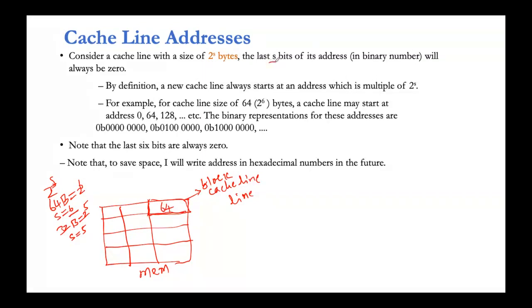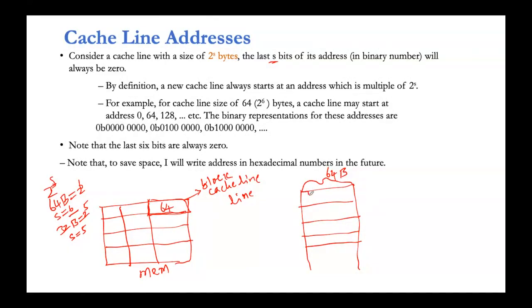The last s bits of the address of this cache line will always be 0. Let me write for one cache line in the memory, one column of this. Suppose the cache line size is 64 bytes.